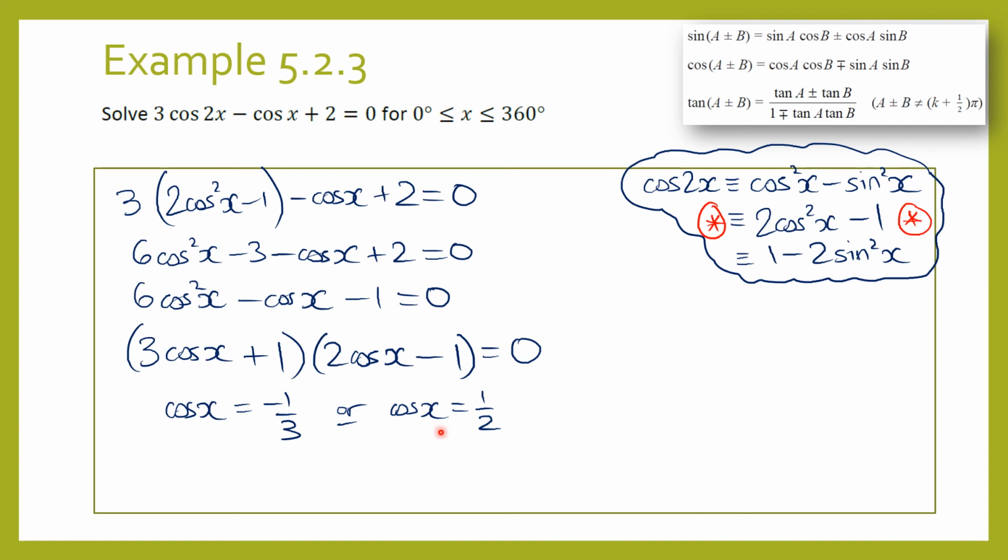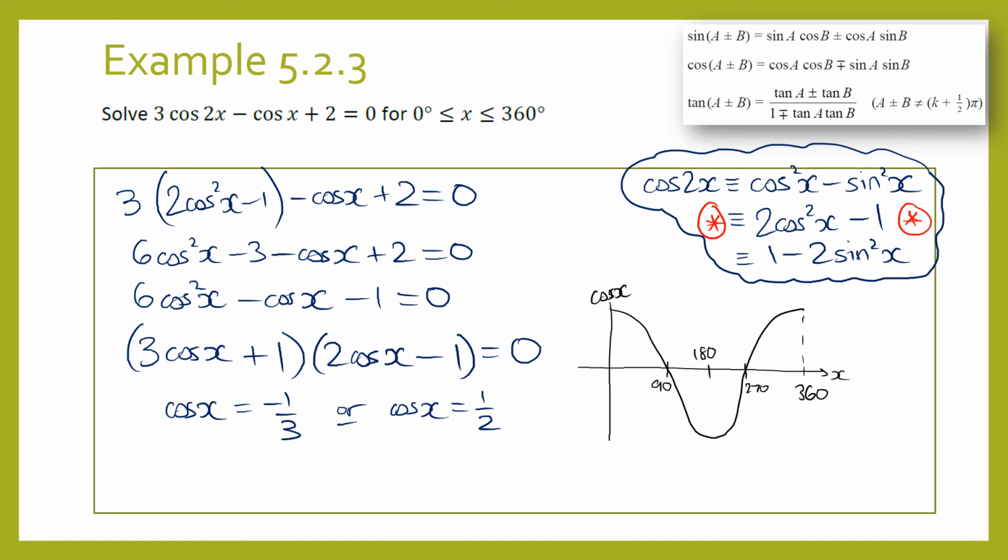Both of these are going to give me solutions. So I'm going to sketch a graph of the cos graph and then get all the solutions between 0 and 360 degrees. So there's a very rough sketch of the cos graph. And now we want to know, where does it equal a half? And where does it equal minus a third?